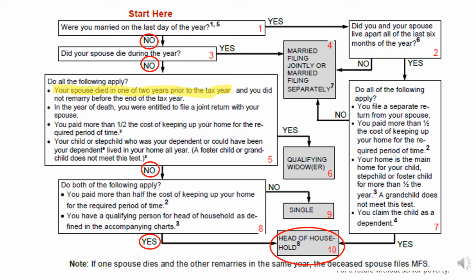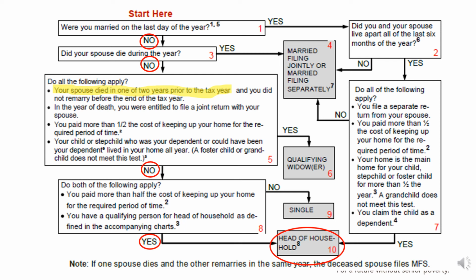So here we have the decision tree so that we can determine what the best filing status is. And normally we start from the top. I just wanted to point out though that all of these red numbers are nothing more than box numbers. So box 1 has a 1, box 2 has a red 2, box 3 has a red 3. So those are only box numbers. Those are not to be confused with the superscripts that point to the footnotes.